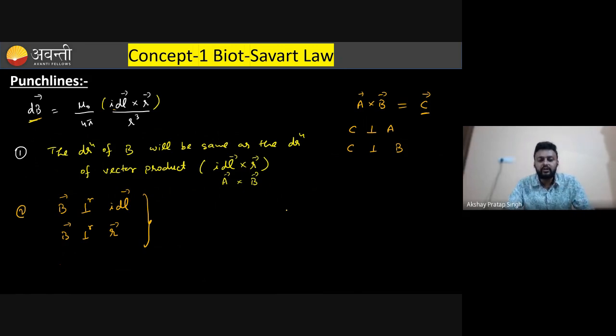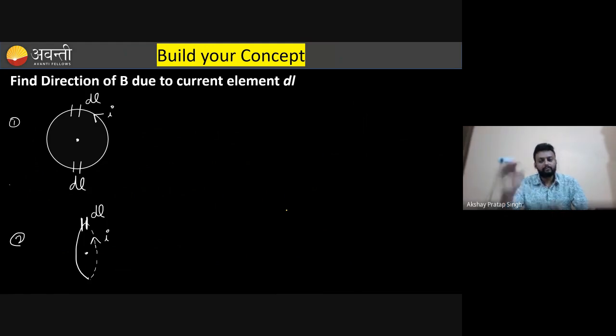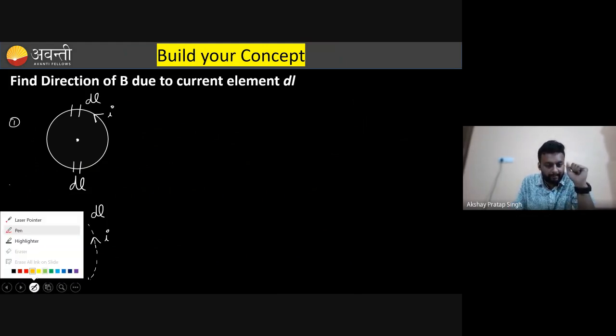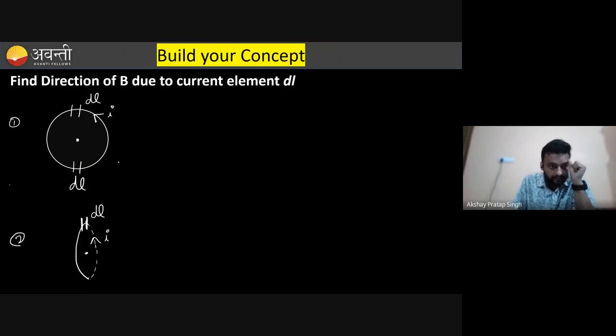Now it's your turn to answer a few things. There is a question on your screen. It says: find the direction of magnetic field B due to current element DL. There are two diagrams on your screen.